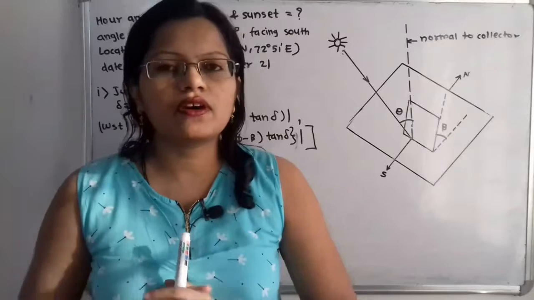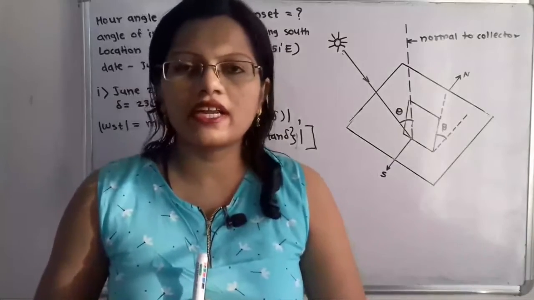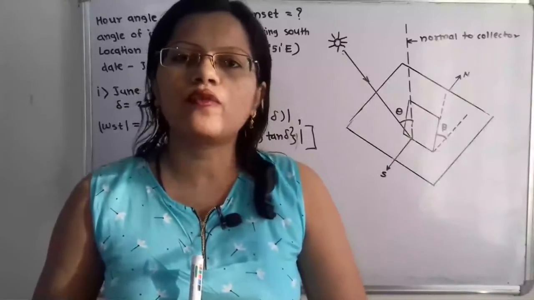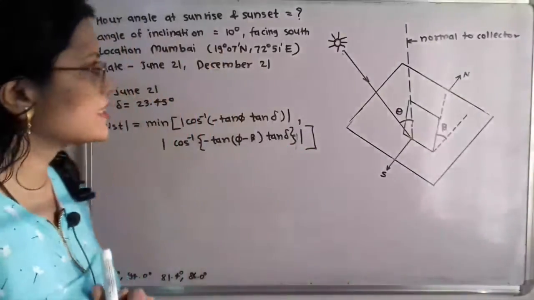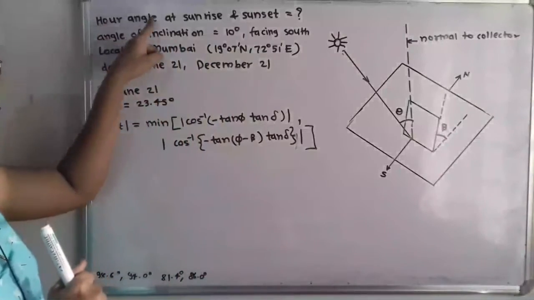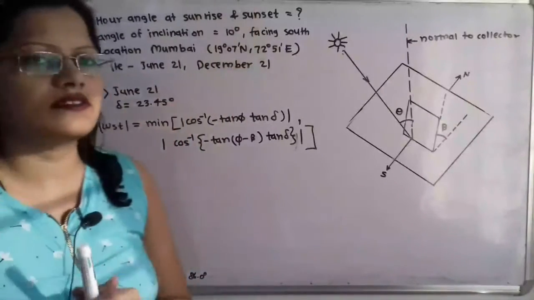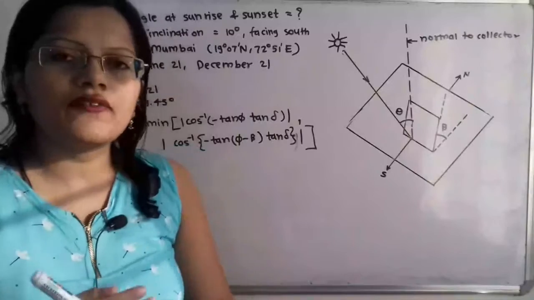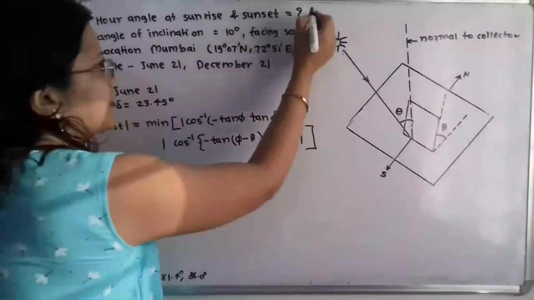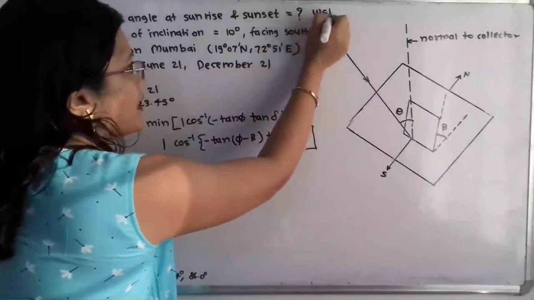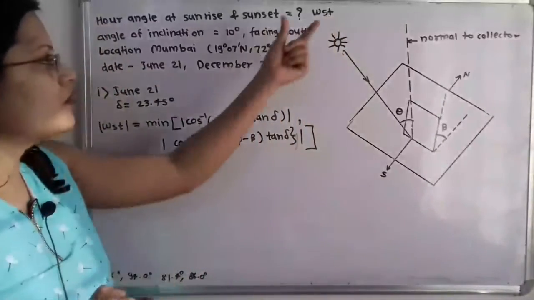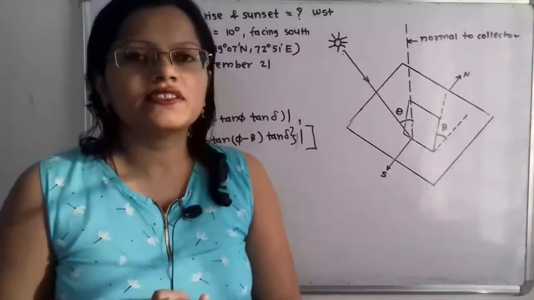Let us first understand what is the given data and which factors we have to find out. We have to find out the hour angle at sunrise and sunset, the notation is omega st. Now what is the given data?